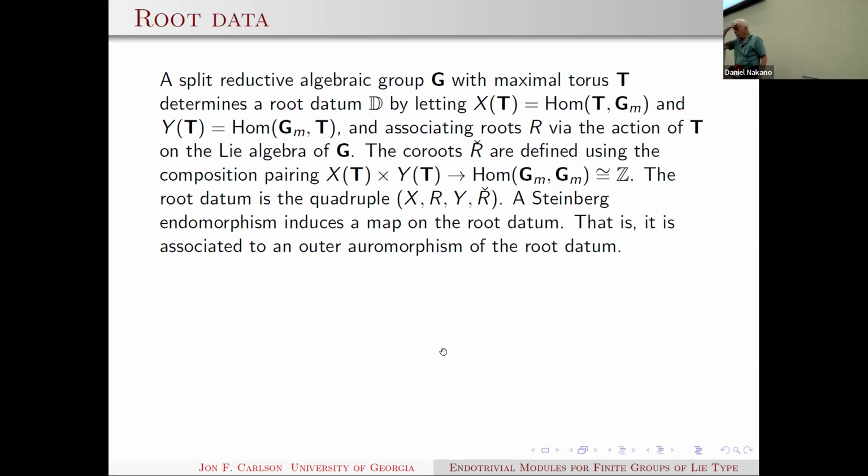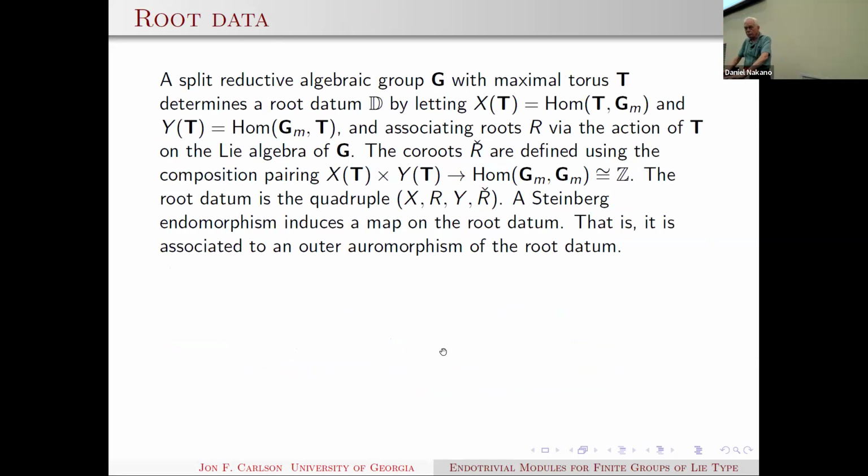Now, how do we set this up? This gets a little bit technical, but let me run through it and I'll try to give you an idea of how it works. We have this algebraic group G. It has a maximal torus.